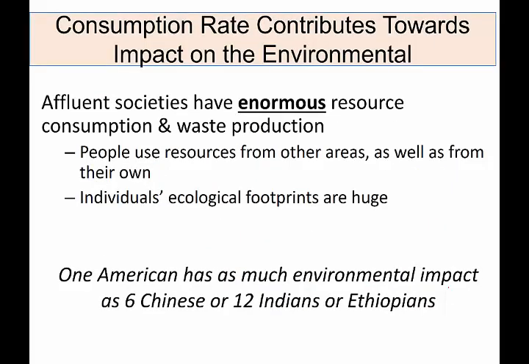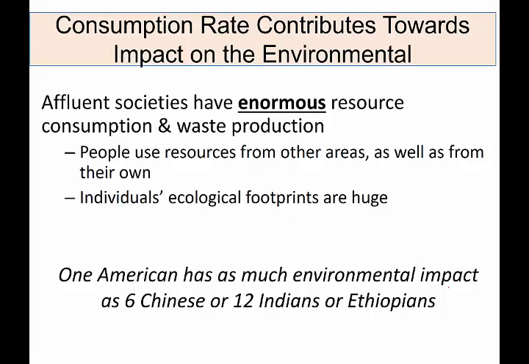So consumption rate contributes towards the impact on the environment. And we have said that affluent societies have enormous resource consumption and waste. And the reason, in addition to this, they use resources from other areas as well as their own areas. So the ecological footprint of these developed countries is huge.